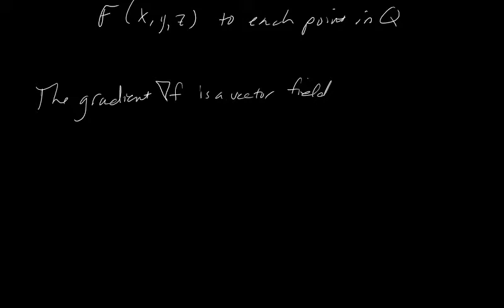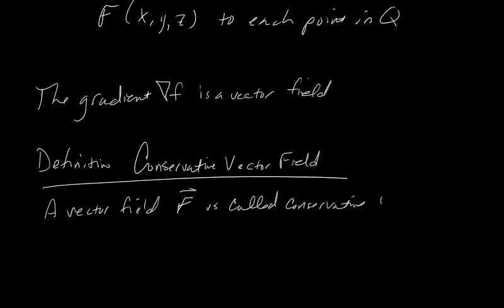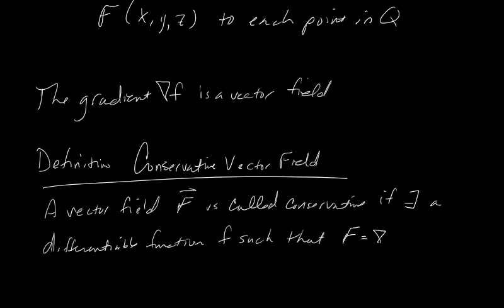Okay, so let's get that definition down here. The definition of a conservative vector field. Here's the textbook definition: a vector field F is called conservative if there exists a differentiable function f such that F is the gradient of f.